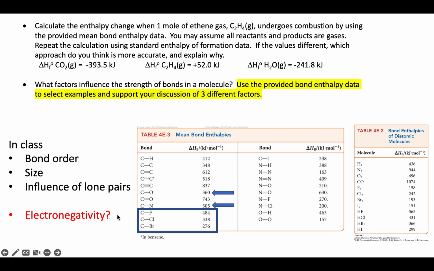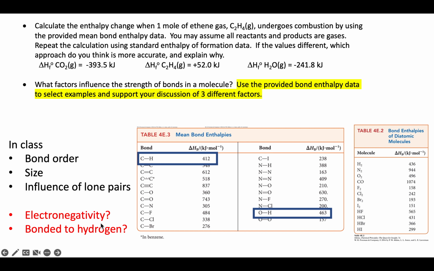Oftentimes, with electronegativity, what we might be looking at are actually aspects of size. Because if we're looking at fluorine, chlorine, bromine, fluorine's the smallest within here. So in some ways, that's best explained in terms of a size factor rather than electronegativity.